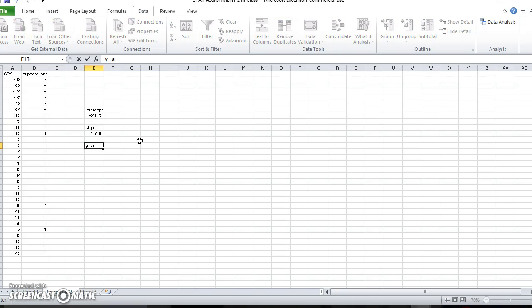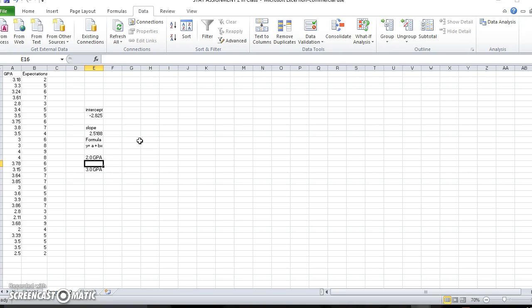So when we think about what this all means, I'm going to go back to the y equals a plus bx formula on page 211. What this allows us to do is predict the expectations for doing well in the class based on your GPA. Let's take a look at someone with a 2.0 GPA versus a 3.0 GPA.